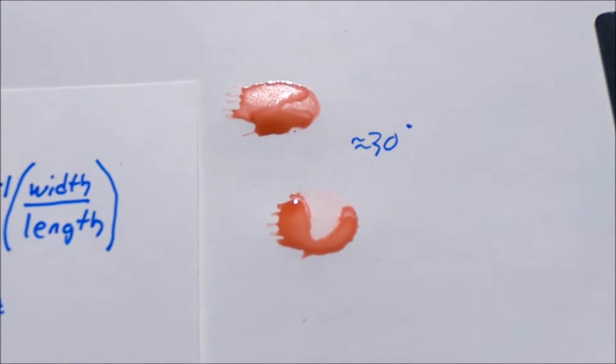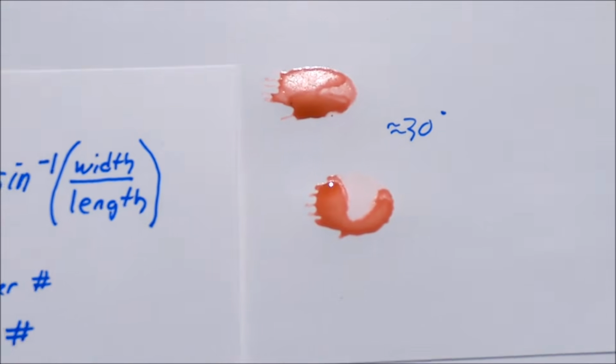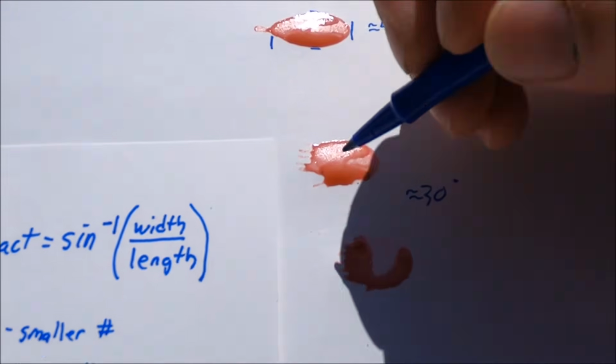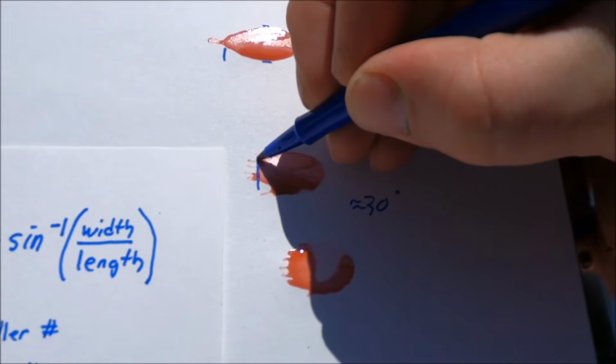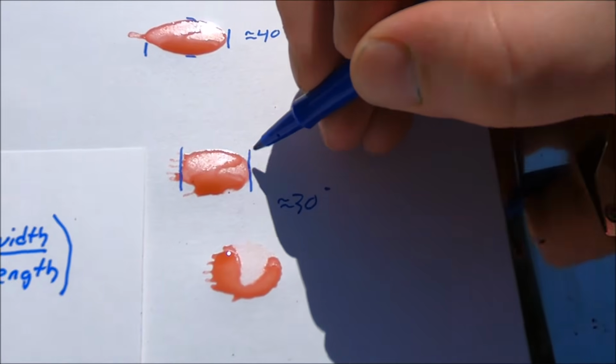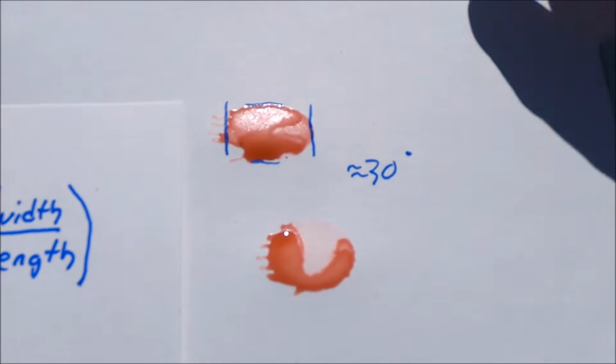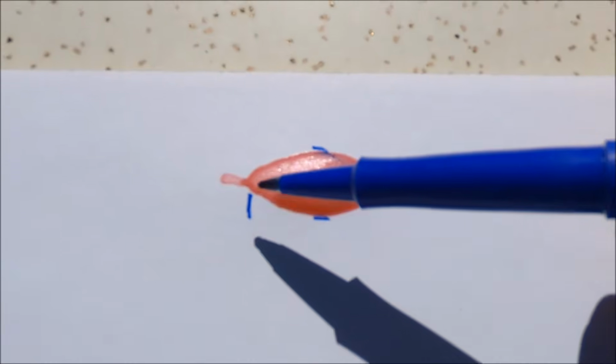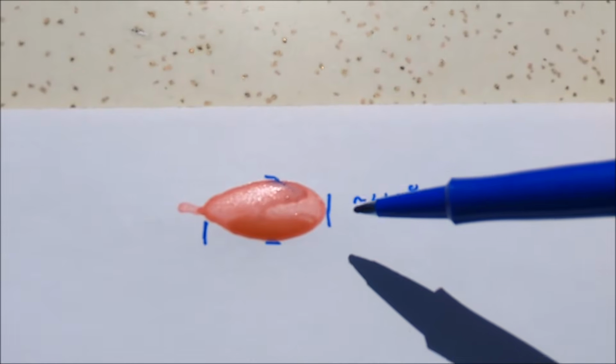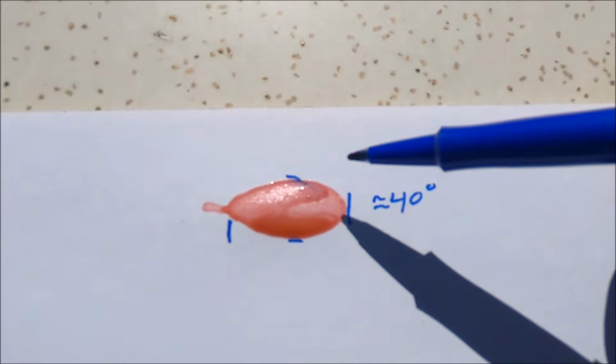The key here is that we start to see these tails start to form. These tails we don't want to include in our measurements of the lengths and widths. So we'd be measuring up to 40 degrees. Now we're starting to get kind of a tear or tail. We don't want to include that in our measurements, just the width divided by length.